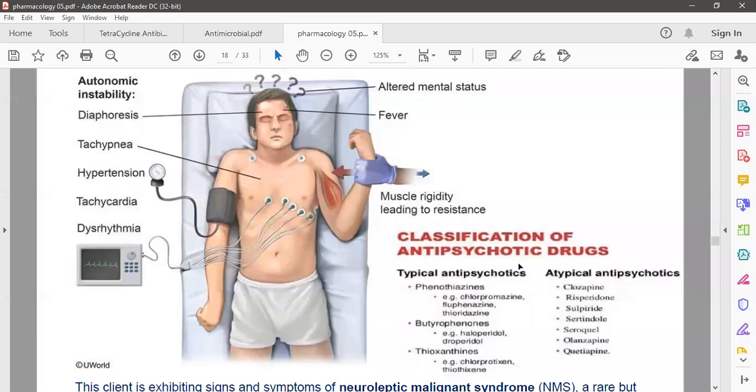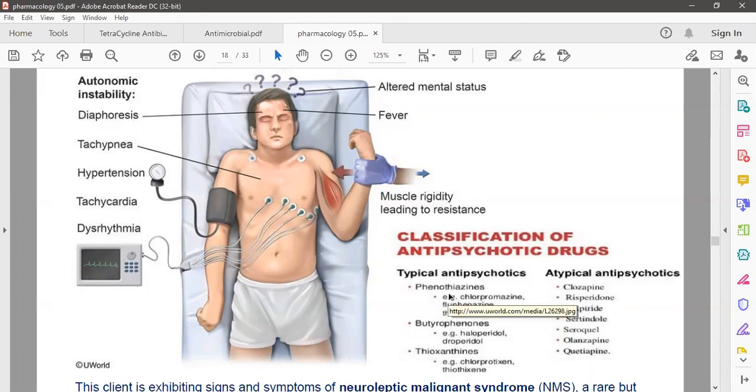Antipsychotic medications are classified into 2 categories, typical antipsychotics and atypical antipsychotics. For typical antipsychotics, the most common ones we use are the phenothiazines. Phenothiazines include fluphenazine and chlorpromazine. Phenothiazines are more commonly used in hospitals, in psychiatry and mental health.